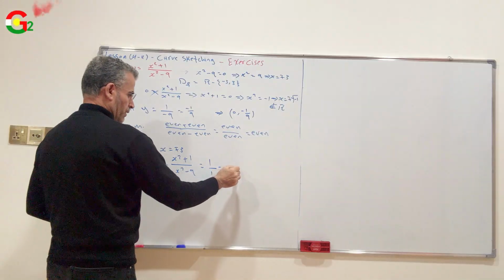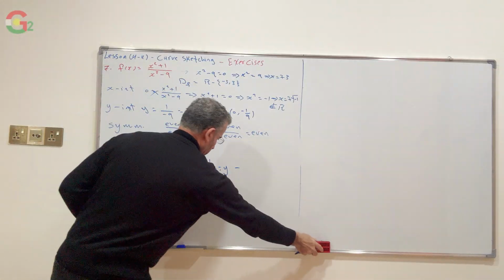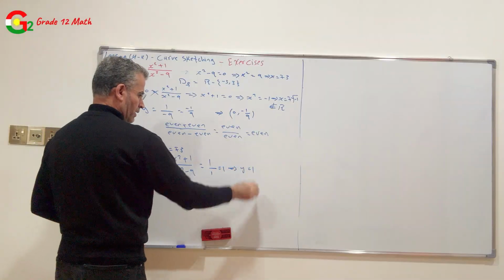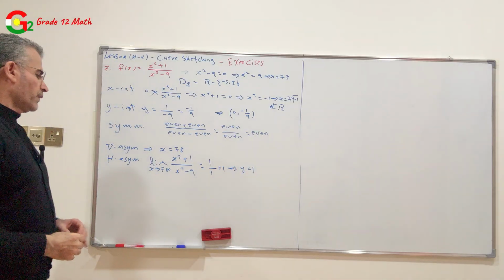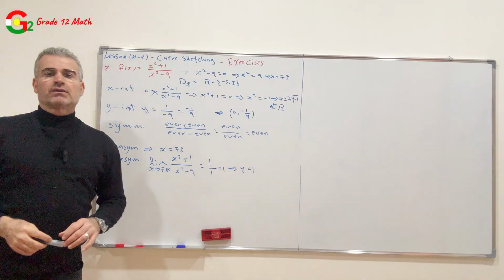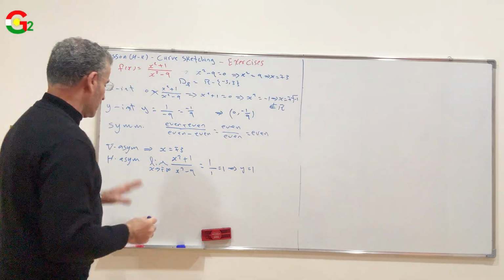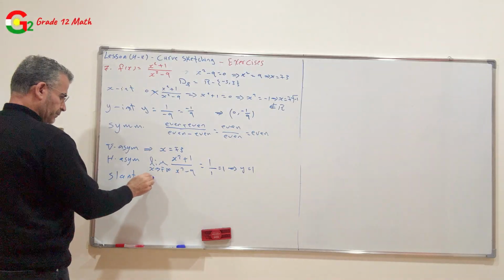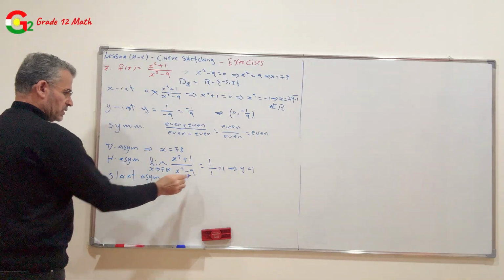So y equals 1. Therefore, y equals 1 is the horizontal asymptote for this function. For a slant asymptote, since the numerator and denominator have the same degree, there is no slant asymptote.